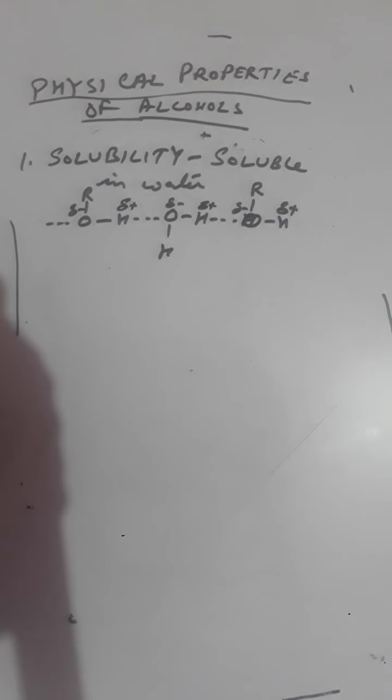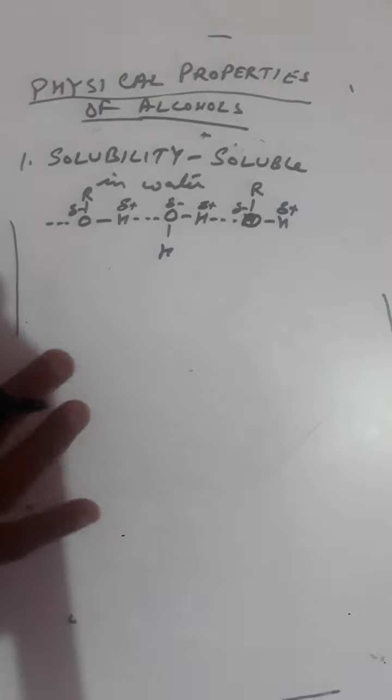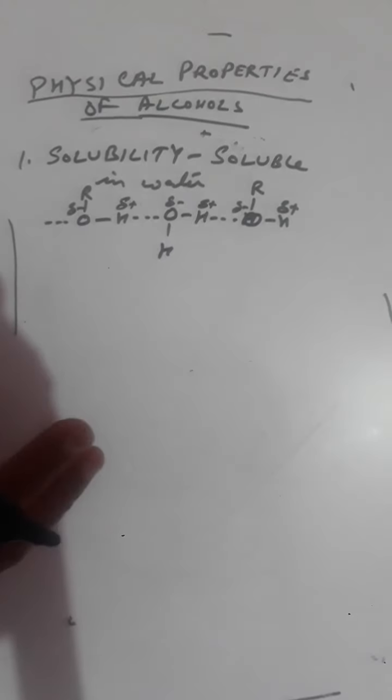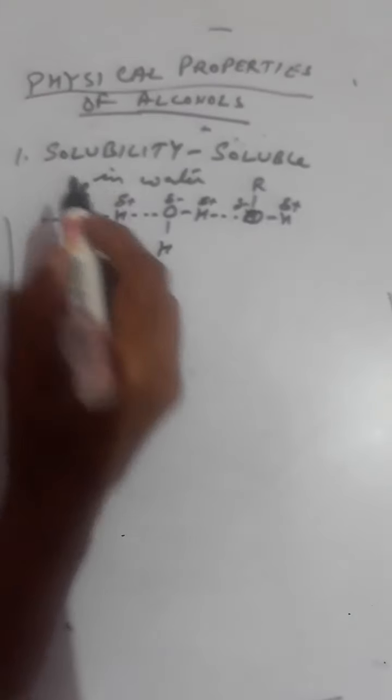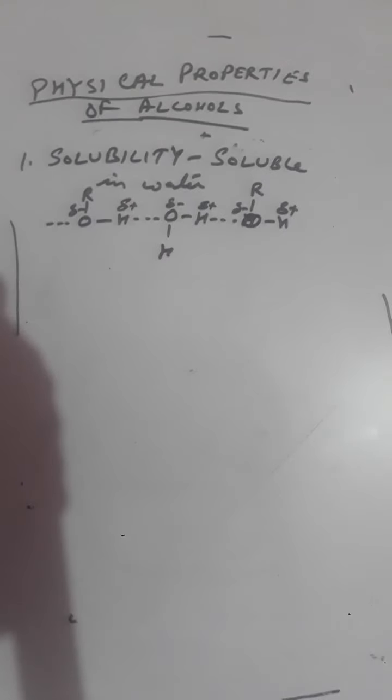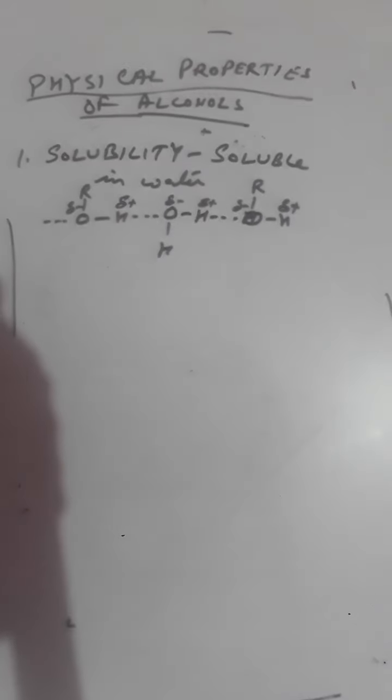And it has been seen that for the upper molecular weight alcohols, this solubility will be decreased. This is because the hydrocarbon part, that is this part, non-polar hydrocarbon part, will have the character dominating with the upper molecular weight alcohols, and therefore they will be less soluble.